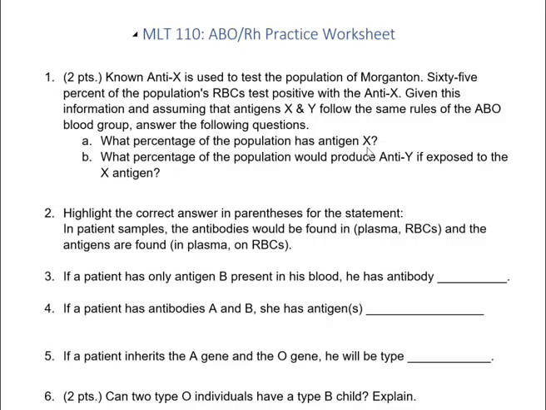Because if there is a positive test, that tells us if we add antibody X and we have a positive reaction or an agglutination, that means there's antigen X on the red cells of the patients in Morganton. So this is 65% right here.